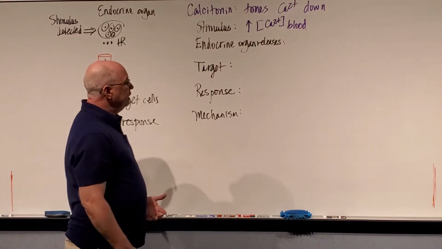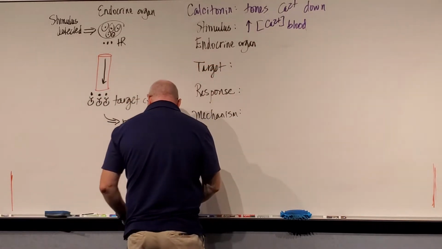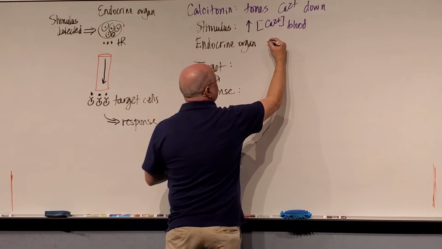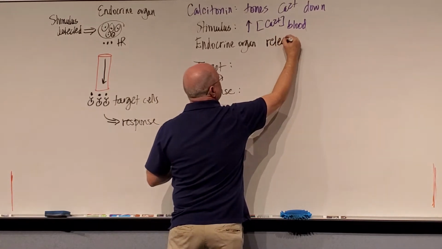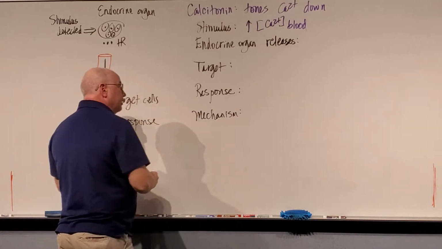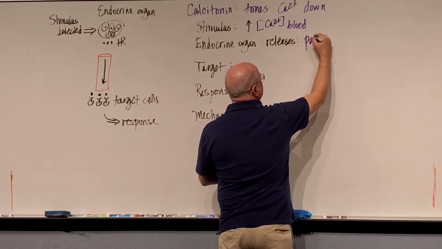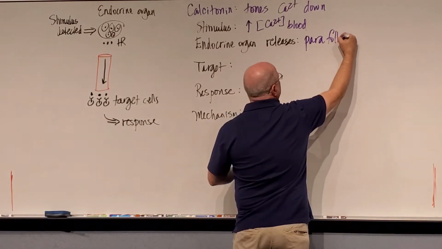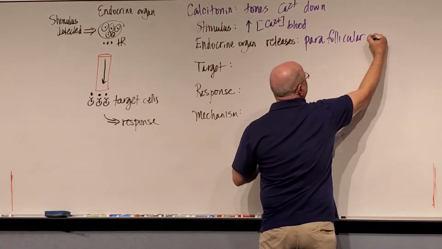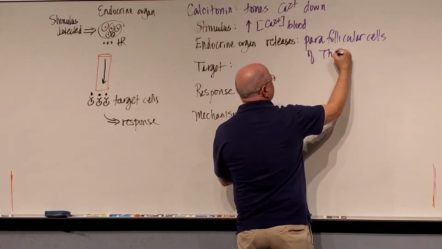So the endocrine organ that releases calcitonin is going to be the thyroid gland. And the cells in our thyroid gland are called parafollicular cells of the thyroid.